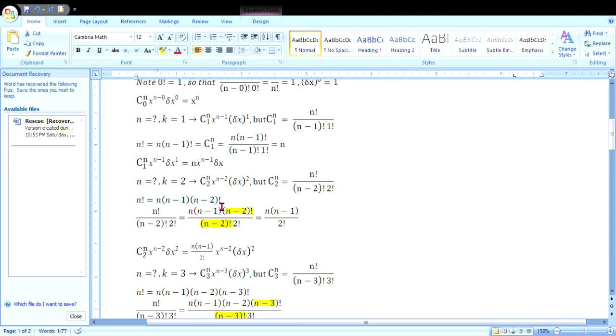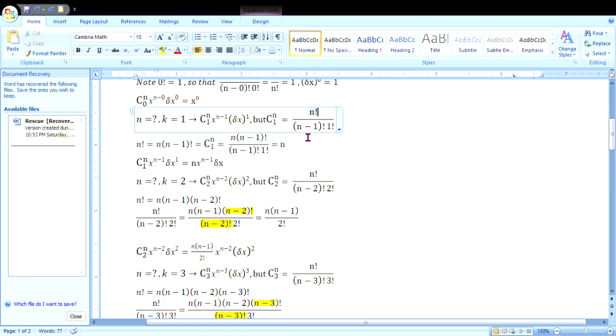Now let's look at when k is 1. The expression becomes n combination 1 x raised to the power of n minus 1 delta x raised to the power 1. But let's find an expression for n combination 1, which is n factorial divided by n minus 1 factorial times 1 factorial. Because we have n minus 1 factorial at the denominator, we can also find an expression for the numerator n factorial, which is n into n minus 1 factorial.